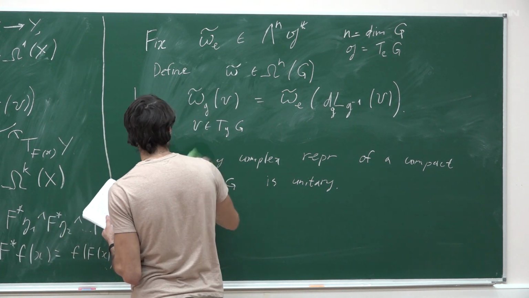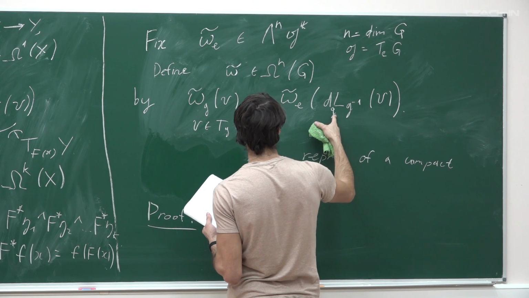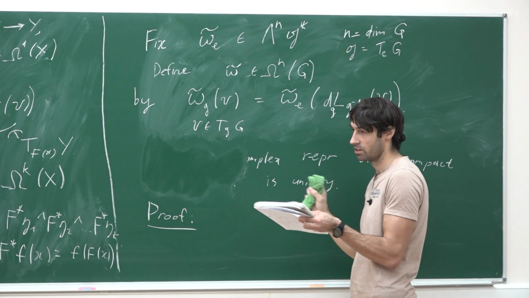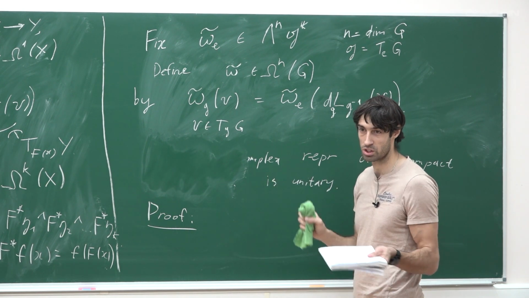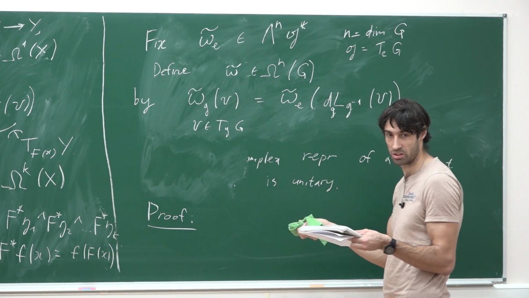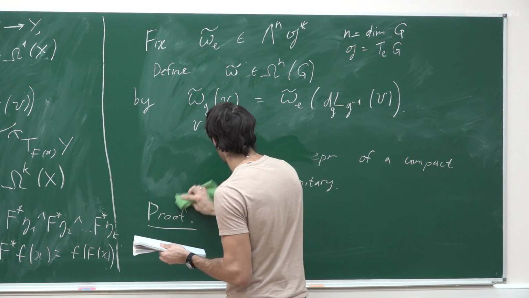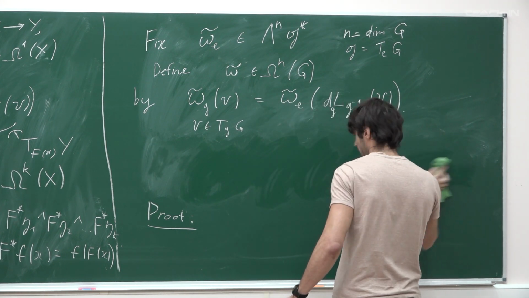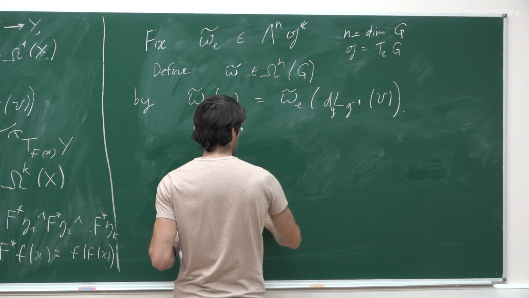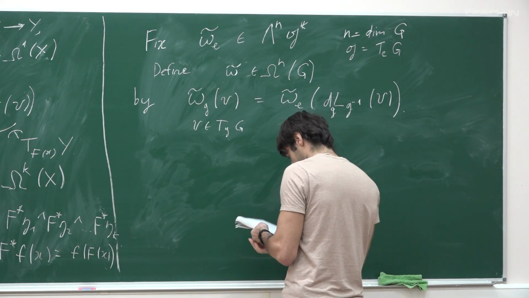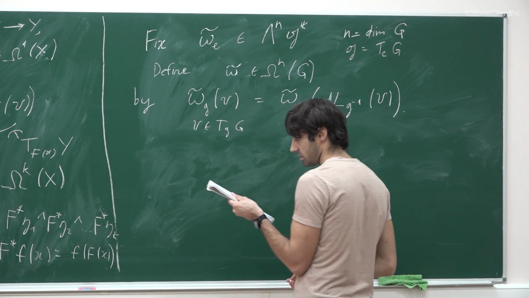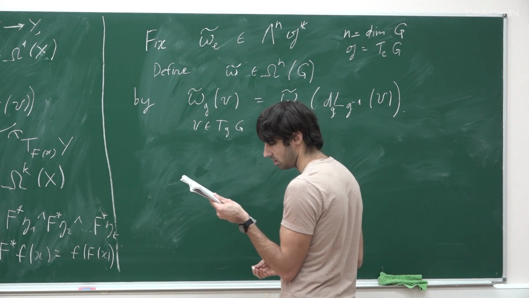So since this is not only a smooth map but a diffeomorphism, I actually have a nowhere vanishing form. At no point is it zero. At any point it's not zero. And also I can see that it is left invariant.